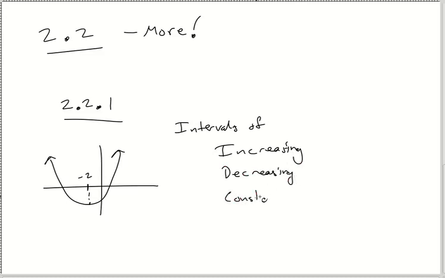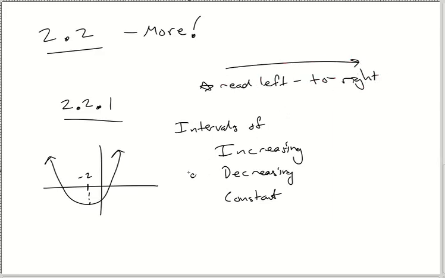What does that mean? As we're reading left to right, just like we normally read left to right, we're wondering, is the graph going down or up or flat? So are we going up, going down, or flat?